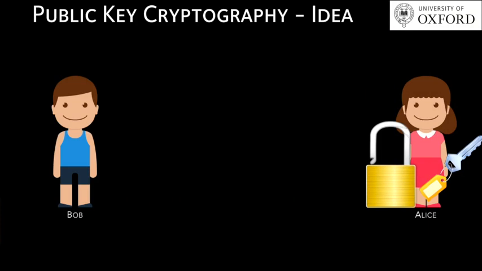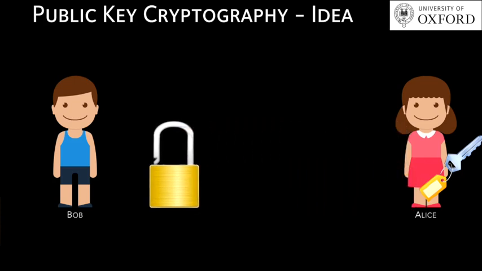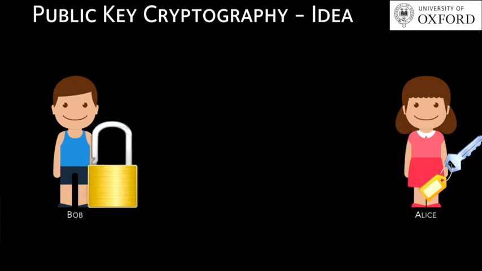here we are. It's again Bob who wants to send the message over to our friend Alice. But this time, Alice has a lock. And Alice takes that lock and she keeps it open and she sends it over to Bob. So Bob can take his message and encrypt it with the lock.